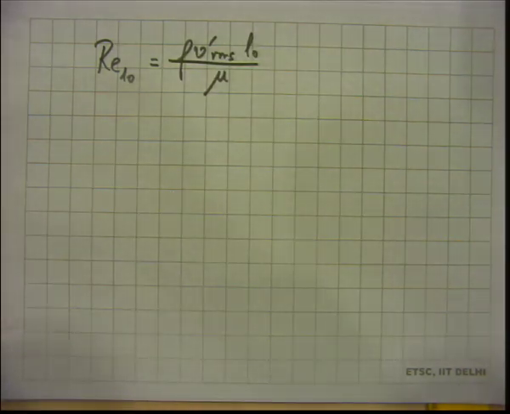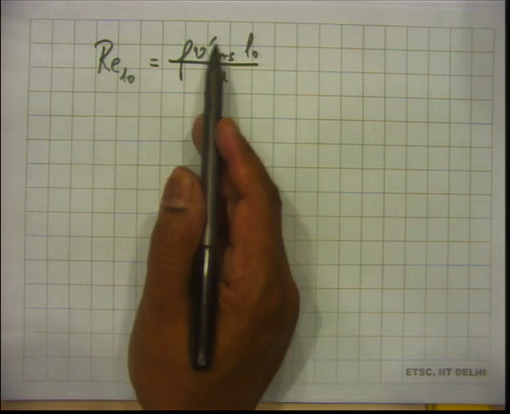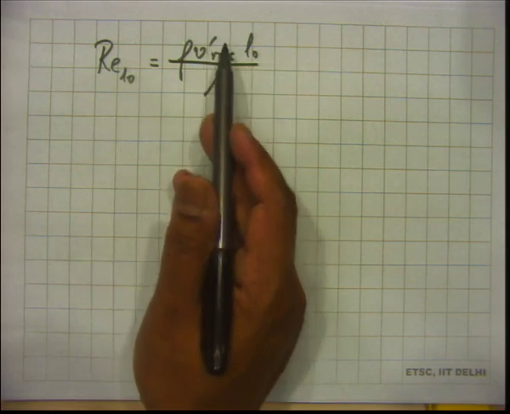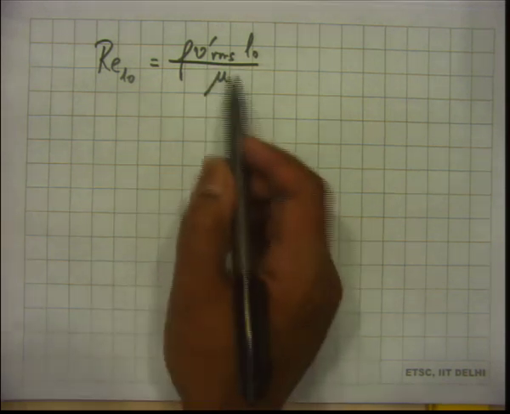And pressure is given. Temperatures are known, and in this problem he has used the burnt gas temperature to calculate rho. So he has taken it to be the burnt gas density. V prime RMS we have, because it's 10% turbulence intensity. So from that we can get other things.